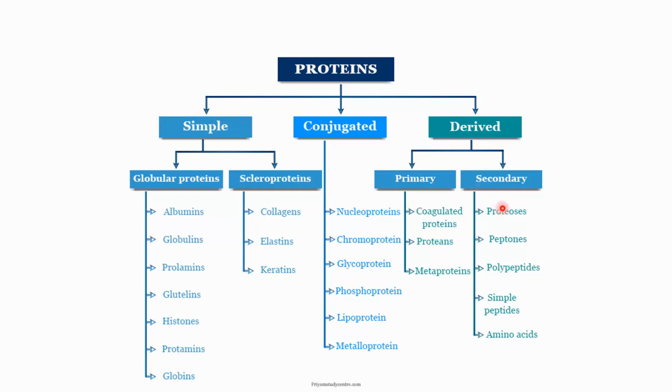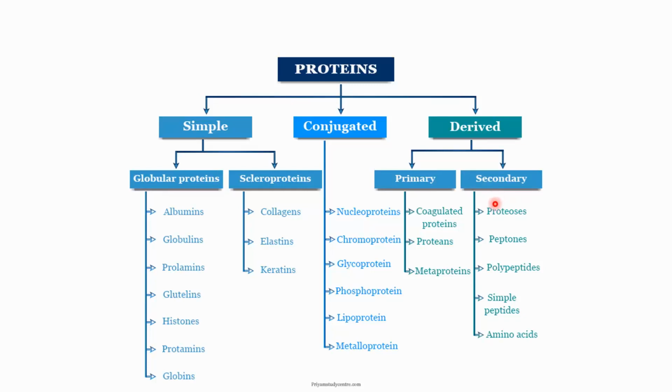As I mentioned, primary are the ones which are formed by denaturation. Examples may include coagulated proteins and metaproteins. Secondary derived proteins are the ones that are formed by digestion.